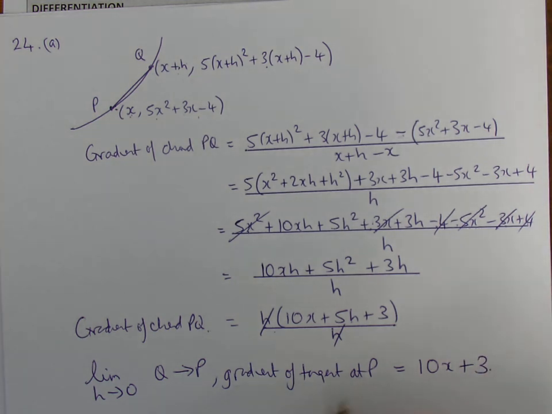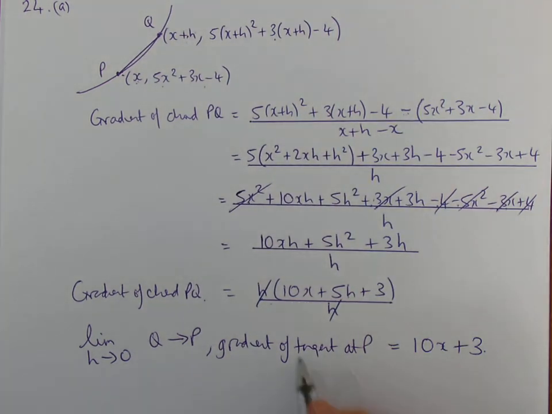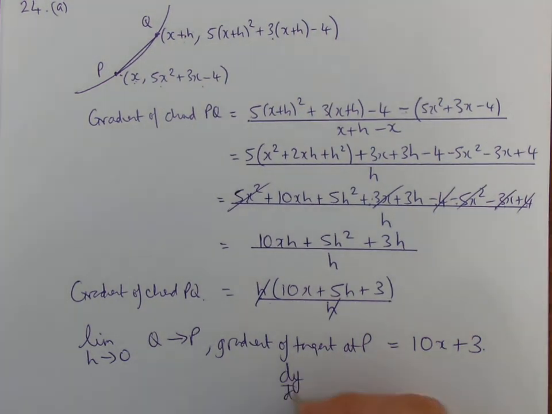So the gradient of the tangent, that is what we call dy by dx. So dy by dx is 10x plus 3.